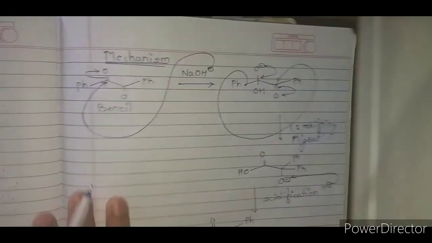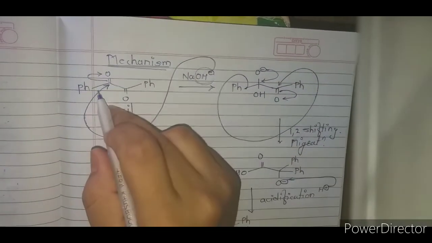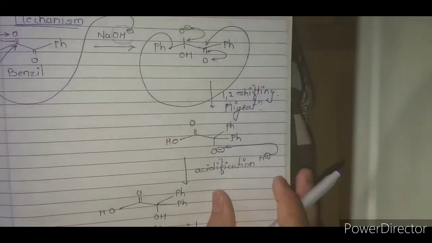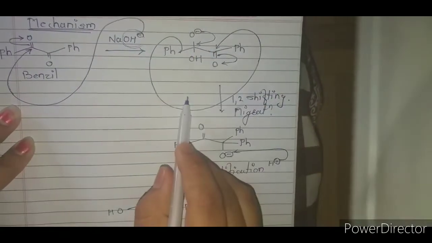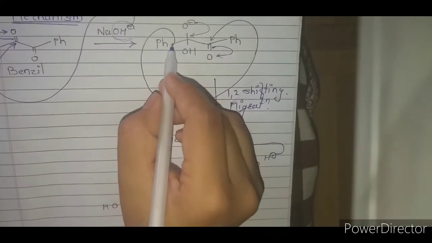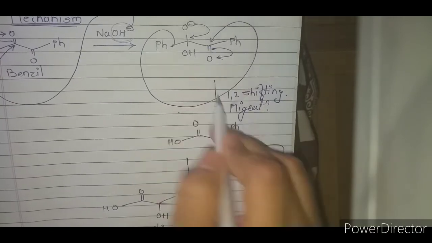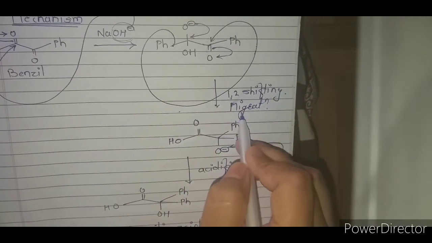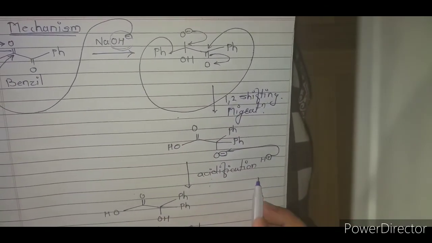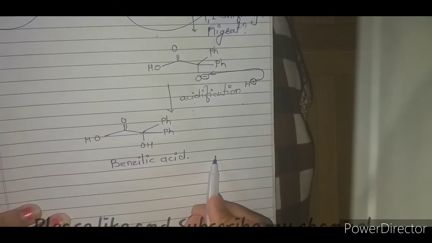In the mechanism, the nucleophile attacks the carbonyl carbon, the bond breaks here, and this intermediate forms. In the second step, this aryl group transfers to the second carbonyl carbon, or you say 1,2 shifting or migration of the aryl group, followed by acidification. The benzilic acid formation takes place.